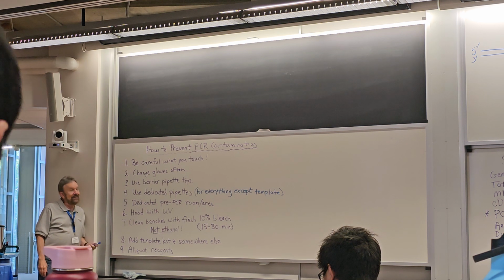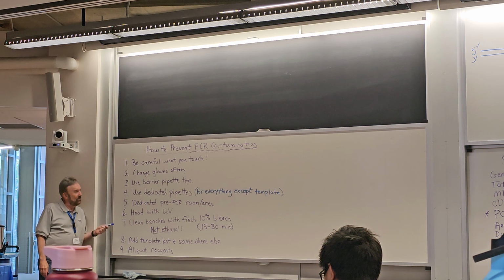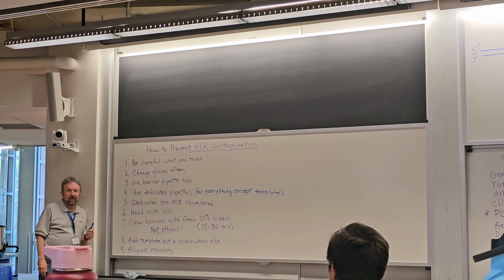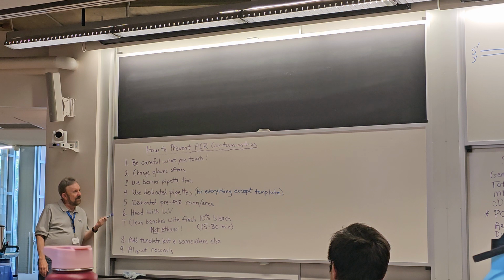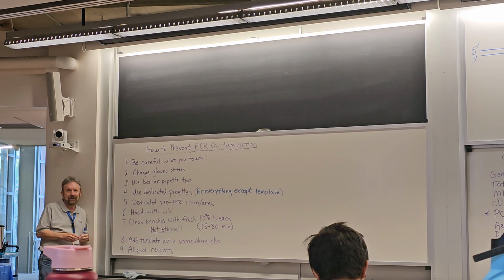Okay. Now, in that room, if you can, what you would like to have is a hood with UV light. There are PCR hoods that you can buy that aren't terribly expensive, that have filtered air, and they have UV light. And the great thing about UV light is that UV light cross-links DNA, so it can't be PCR amplified.